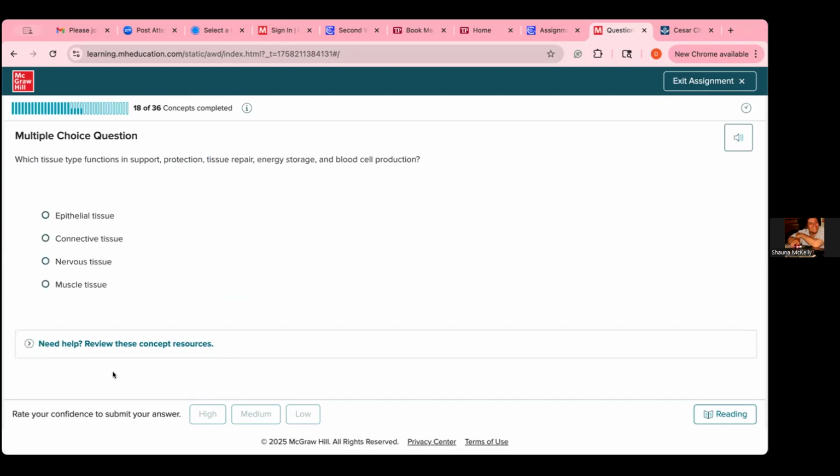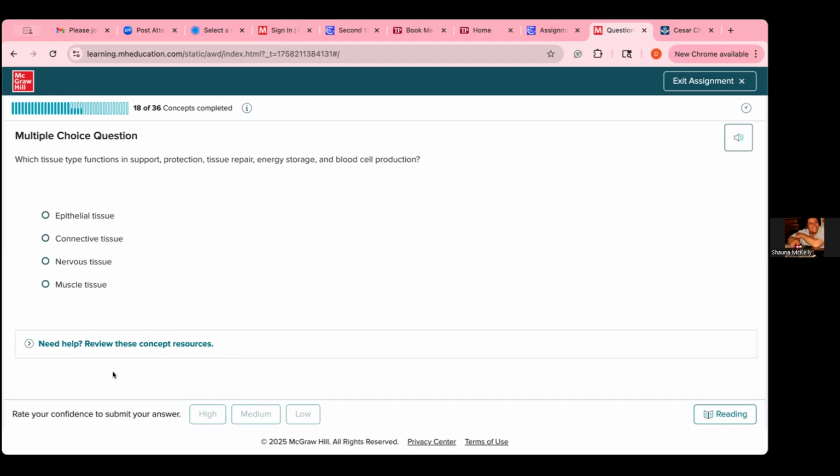Which tissue functions in support, protection, tissue repair, energy storage, and blood cell production?